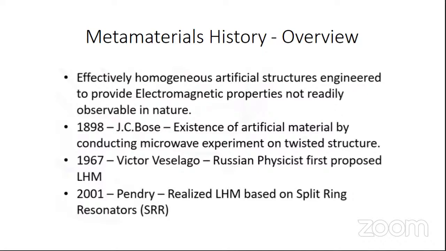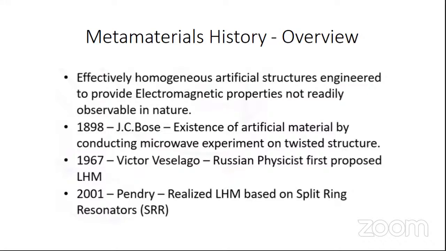The history of metamaterials dates back to 1898, when our own Indian physicist Sir Jagadish Chandra Bose named a special type of material as metamaterial, which is nothing but a jute substrate. By using that substrate, he was able to change the polarization of the electromagnetic wave.